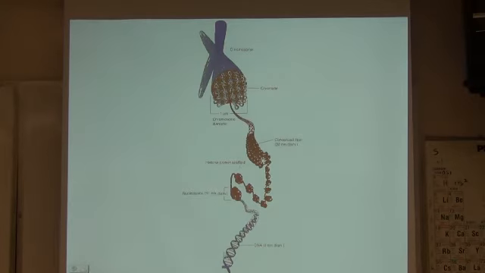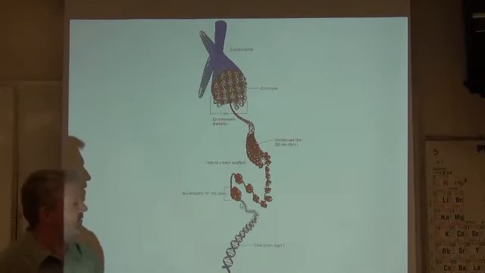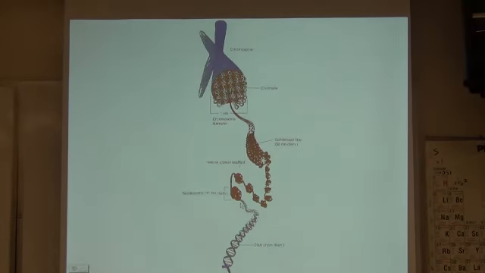Here it is. Here's the individual DNA, which we call the naked DNA. You wrap around these histone proteins, which have a high concentration of basic residues, which are positively charged. No surprise there that the histones will have some positively charged residues because the backbone of the DNA is negative.